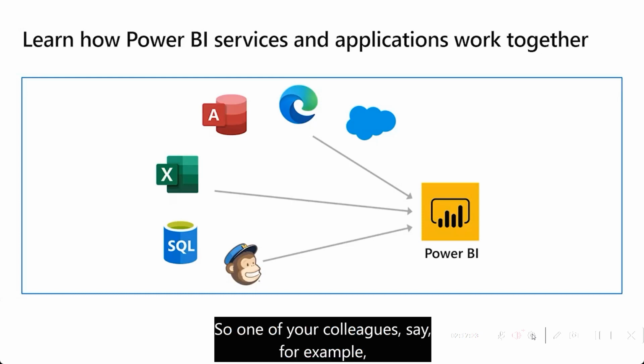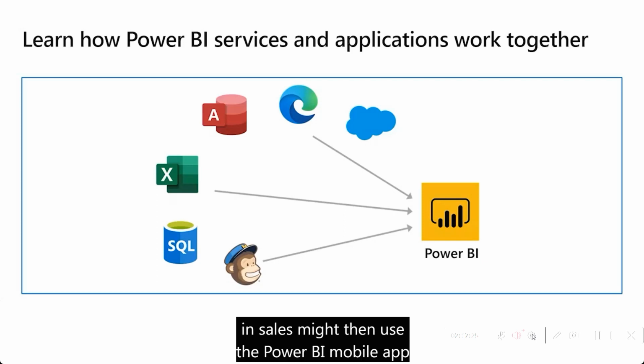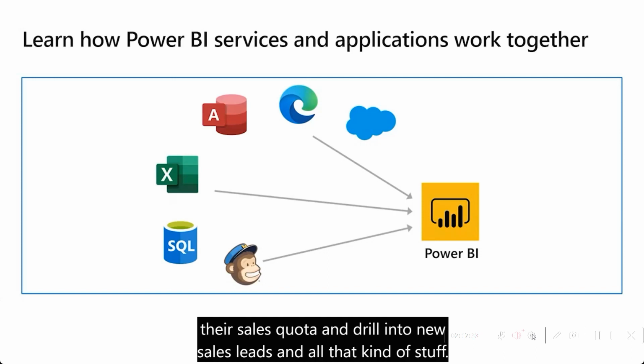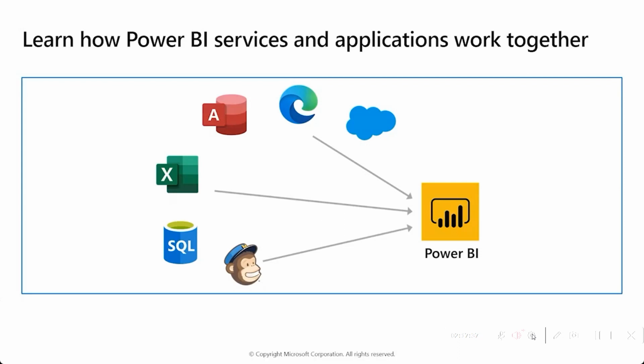So one of your colleagues, say in sales, might then use the Power BI mobile app to monitor the progress of, for example, their sales quota and drill into new sales leads and all that kind of stuff.